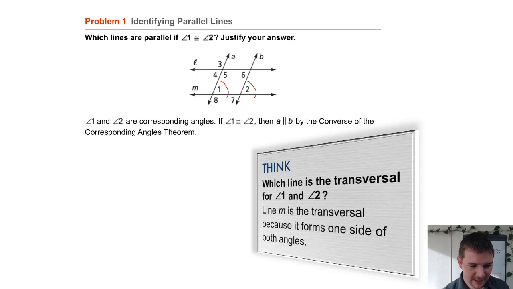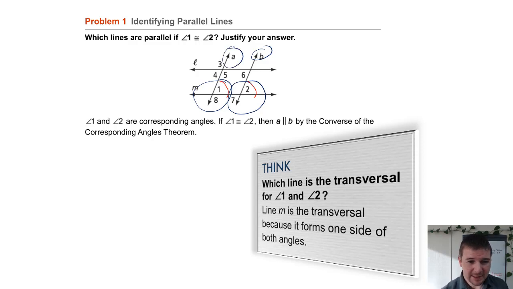Something to note, as I change my ink color here, is that angle 1 is part of this group of 4 angles, and angle 2 is part of this group of 4 angles. Remember, the transversal creates 8 different angles. Here are 8 different angles that are being created not by line B, not by line A. Some of them are.